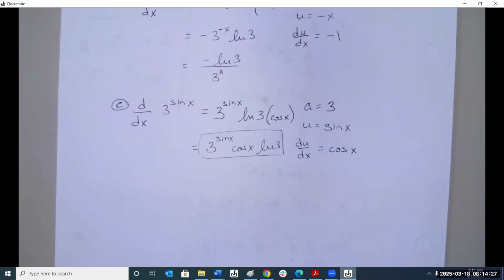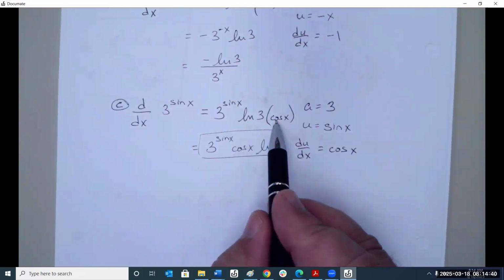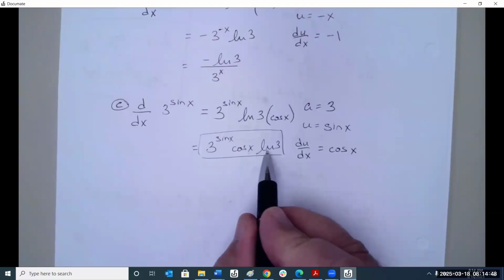Any questions so far? Is this ln 3 cosine x all one equation, or is it two separate equations? It's just for ease of reading. This is cosine of x times ln 3.